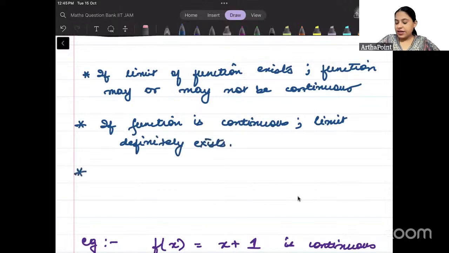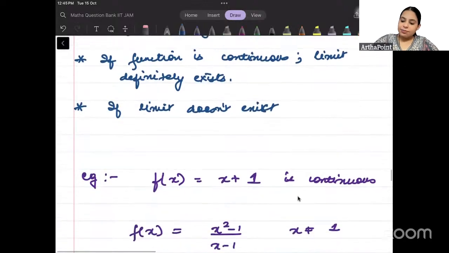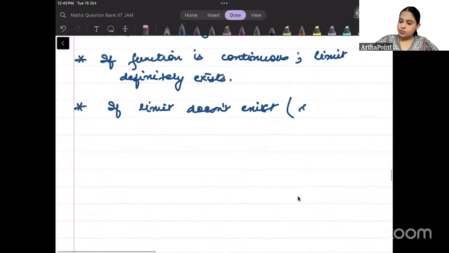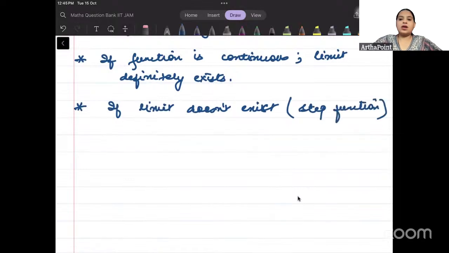And if the limit doesn't exist, like we had taken the example of a step function. Step function was the case where the limit itself was not existing. कोई limit ही exist नहीं कर रहा था, because the left hand limit and right hand limit value was not equal to each other, right?